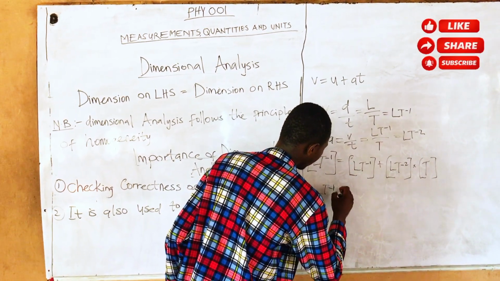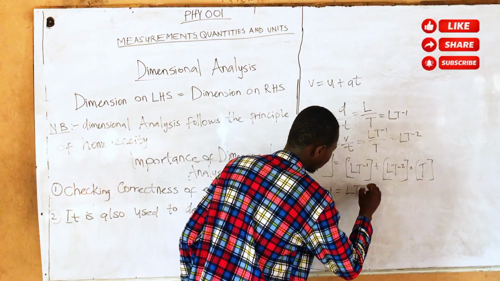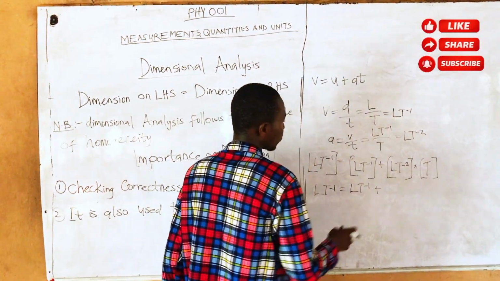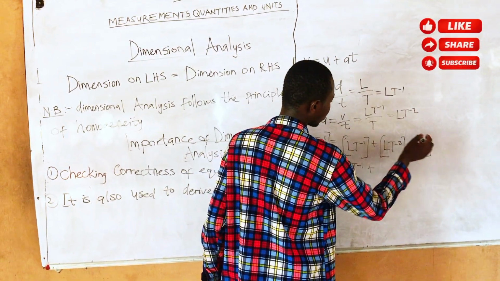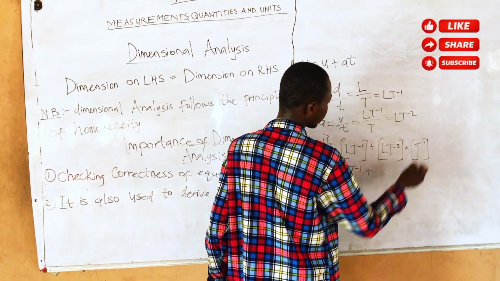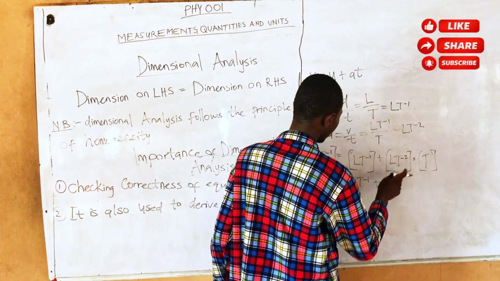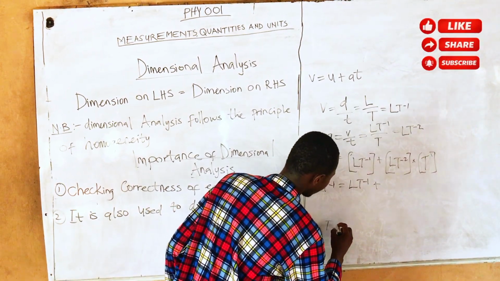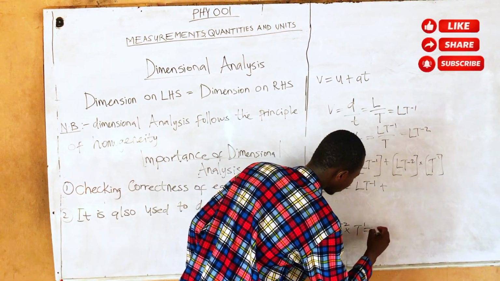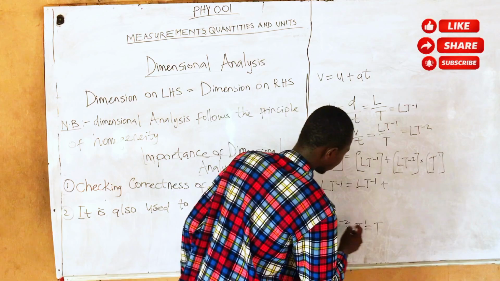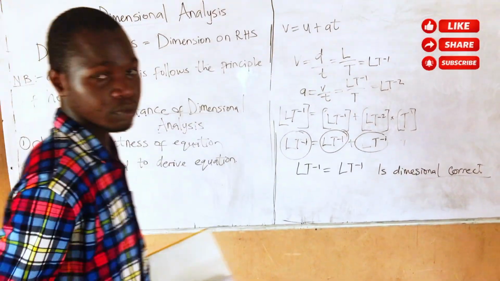In the law of indices, if we have the same base but different powers, we are going to what? We are going to add if there's multiplication between them. So here we are having T raised to power minus 2 multiplied by T raised to power 1. It will become T raised to power minus 1 plus 1, which is equal to what?